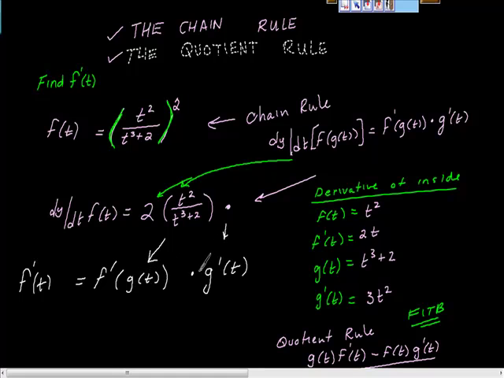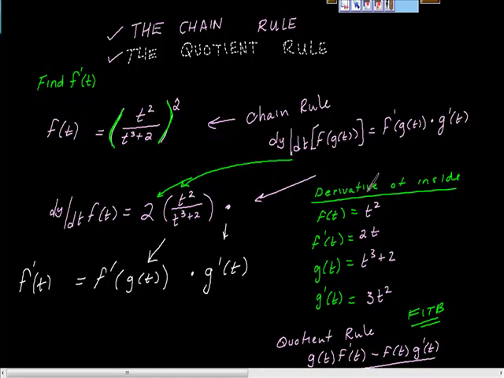Now here's where we get to the harder part, because then we get to the derivative of the inside. And the inside is this piece up here, this t squared over t cubed plus 2 quantity, not quantity squared, just this inside piece. If you look at this, this is a rational, isn't it? So I'm going to make up our list here of the derivative of the inside, realizing that we're going to use the quotient rule.